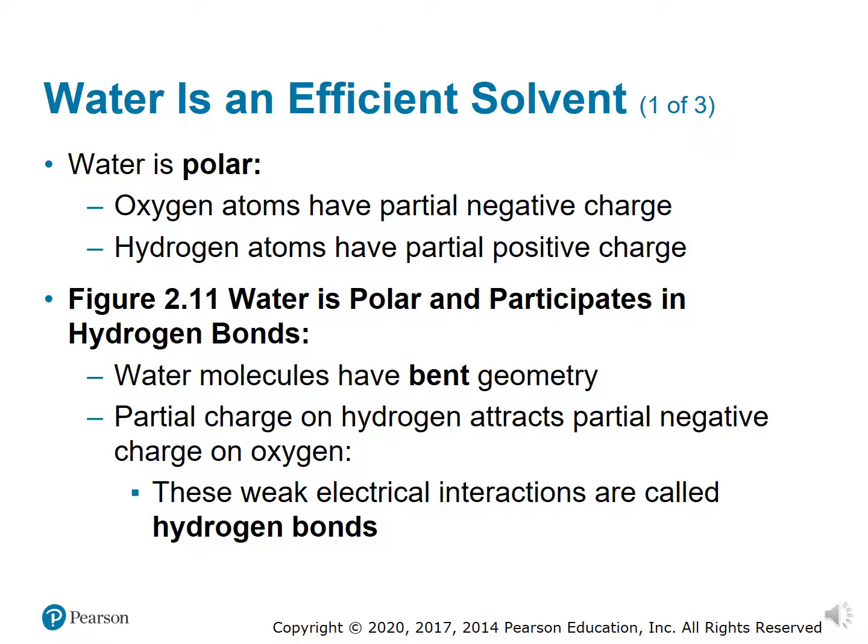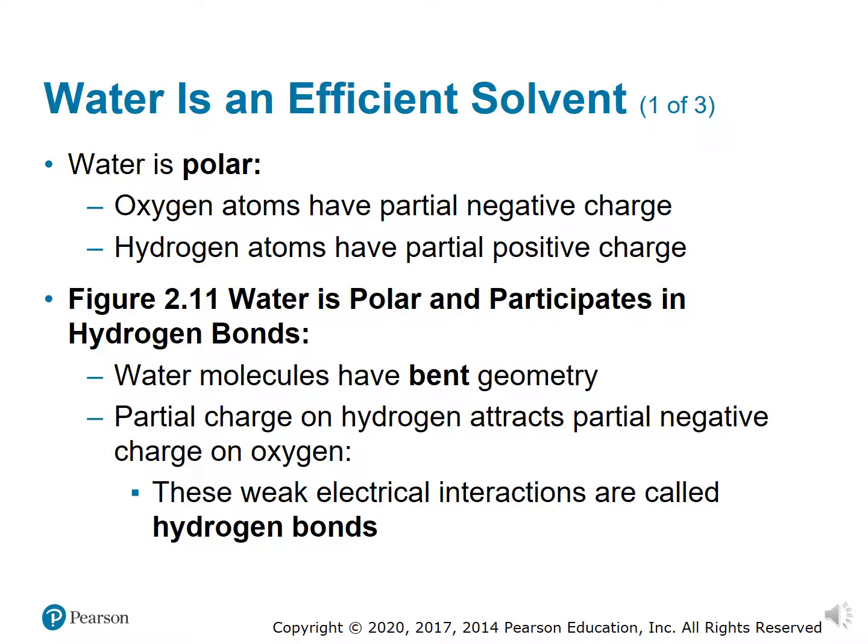So the oxygen side of water has a negative charge. The hydrogen side of water has a partial positive charge. And because of this, water likes other charged molecules. Birds of a feather flock together. So water likes charged particles.